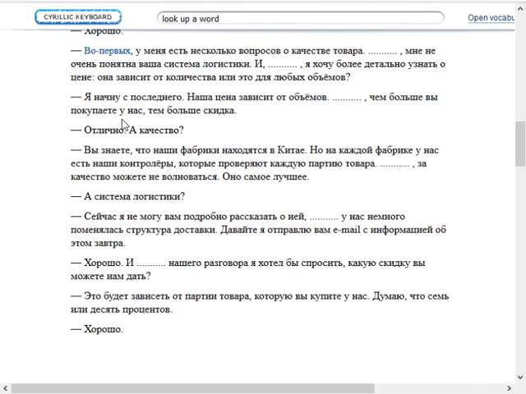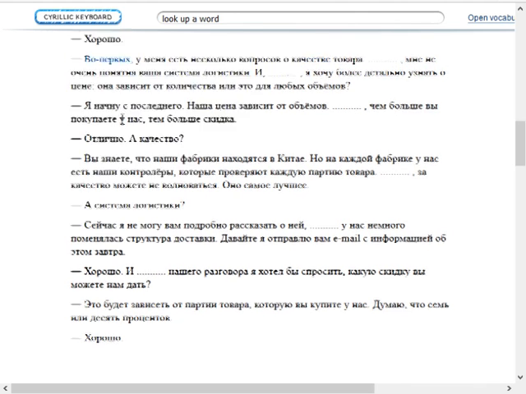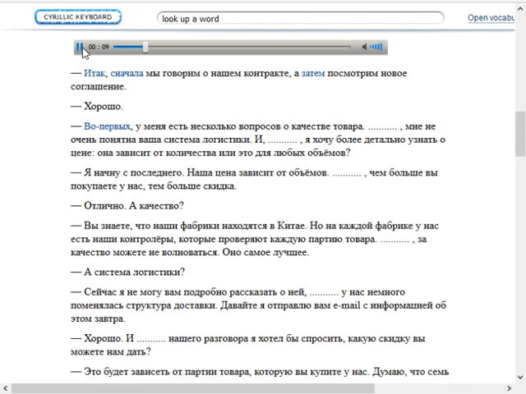They like this one in the lesson. I notice they repeat this во-первых a lot in different parts of this lesson. It simply means first of all. So first of all, у меня есть несколько вопросов о качестве товара. I have some questions about the quality of the product.